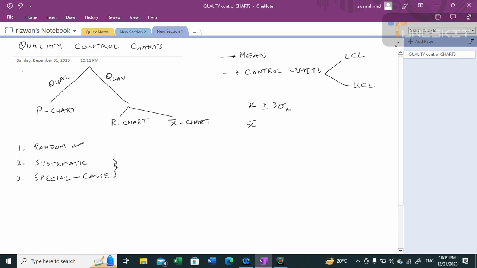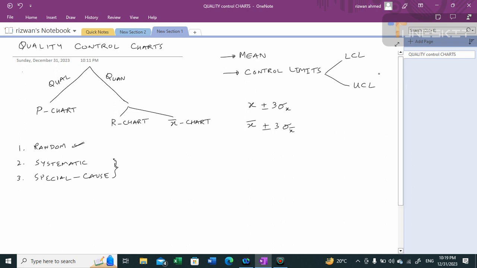If our variable changes to x bar, then this should be 3 times sigma of x bar. So this is how we identify the outlier. Outliers in the perspective of quality control applications are the observations that lie outside the lower or upper control limit, and that shouldn't be there.